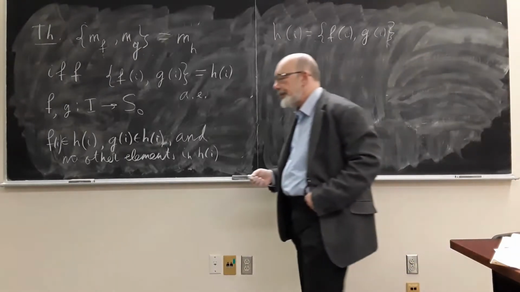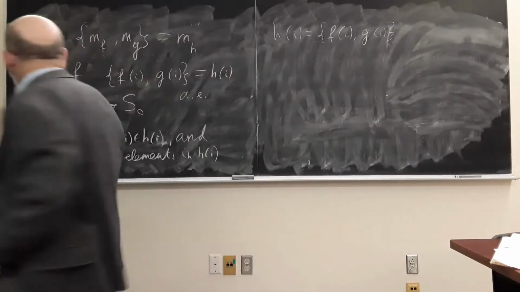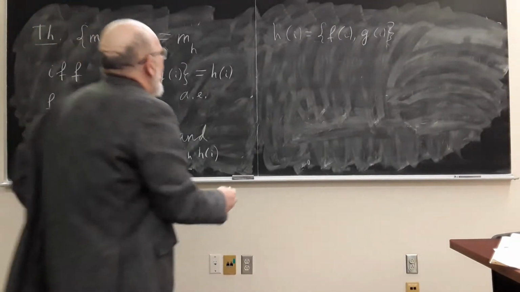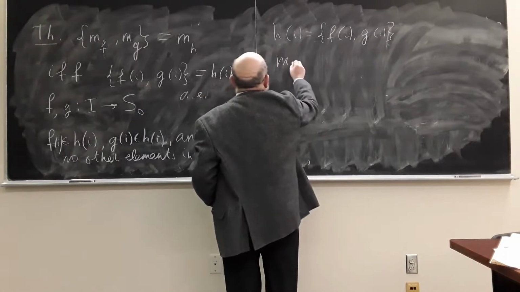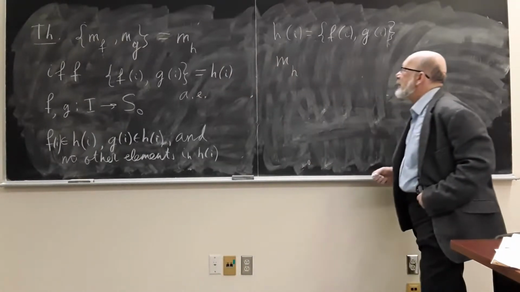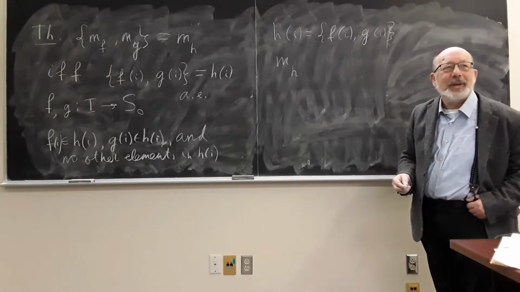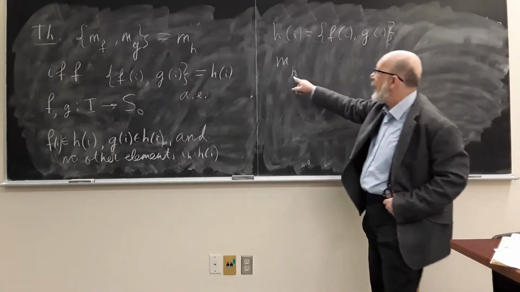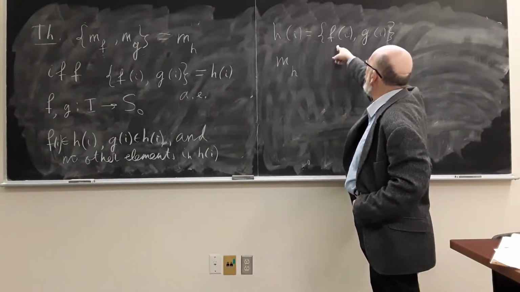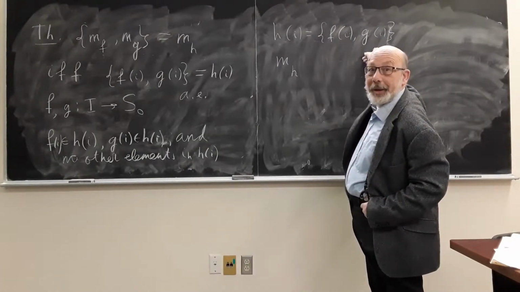So MH is the set of functions k such that for any i, it is either f(i) or g(i).